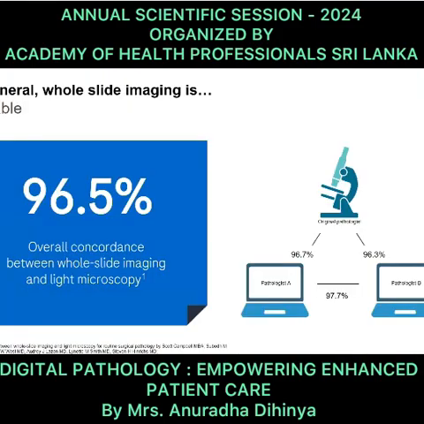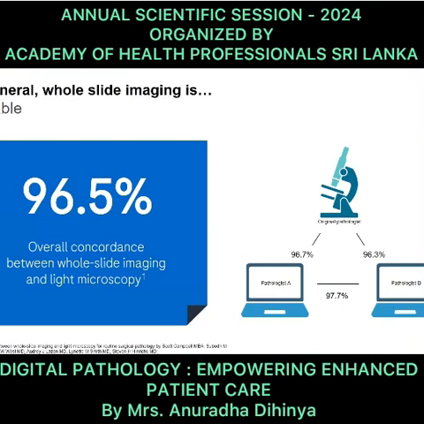Now coming to what this slide talks about and what the concordance should be. If a lab or a hospital is planning to go ahead with digital pathology, there are many things which need to be taken into consideration. The guidelines, for example from the College of American Pathologists and the Royal College of UK, say the concordance ratio between glass slide microscopy and whole slide imaging should be more than 95%.